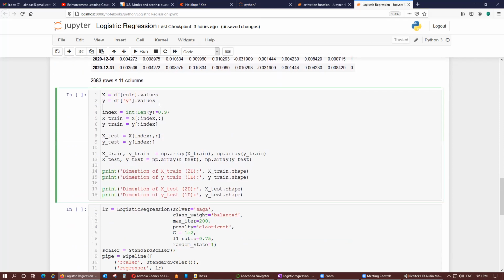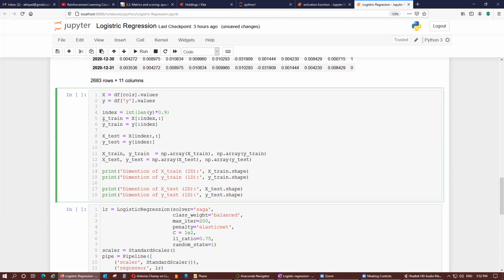Okay, and here we have the feature variables, and we have converted from the data frame to the arrays X and y. Then instead of using the train test split function, we use this way to find the index, where 10% of the data is for testing and 90% is for training.